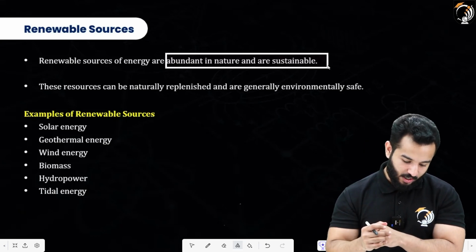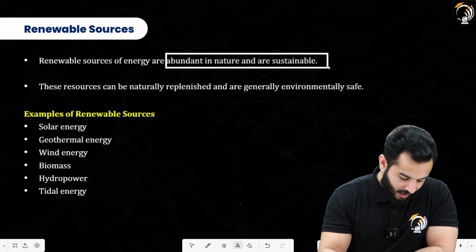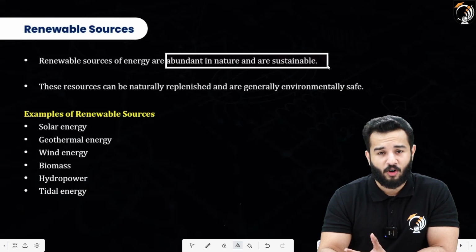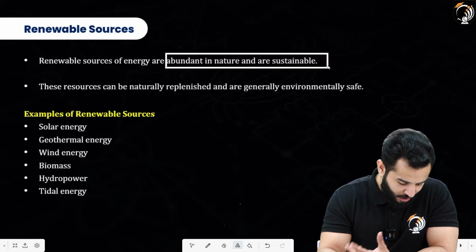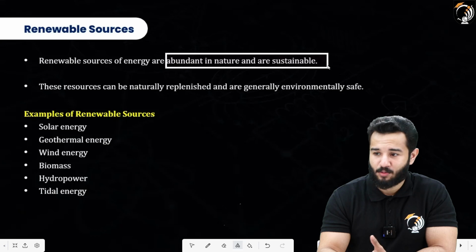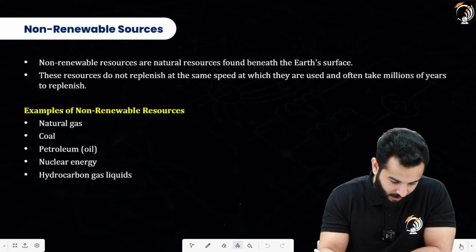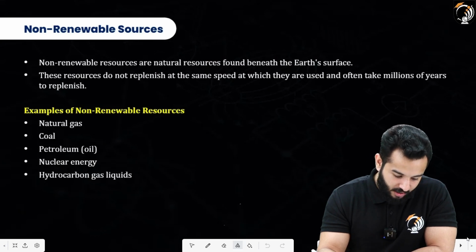So we are going to consider solar energy as renewable. Geothermal energy basically means when we use the thermal energy of the earth. Wind energy, biomass, hydropower, tidal, please remember the names of these types of energy, because these are going to be very important.